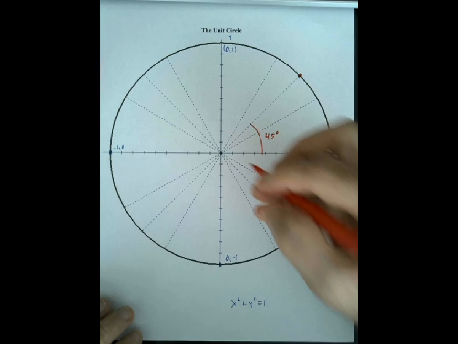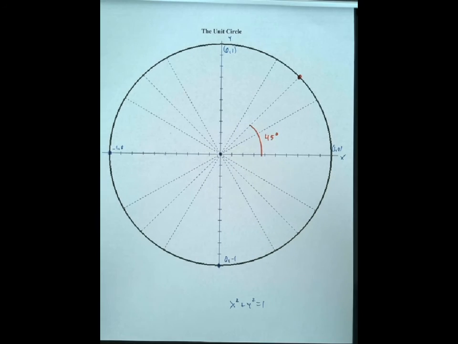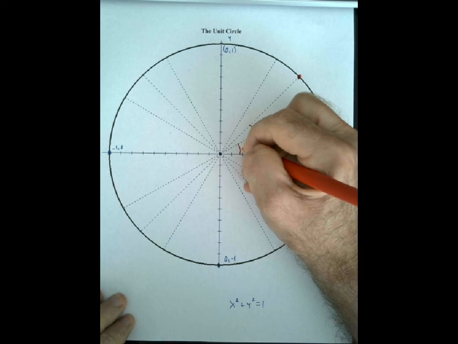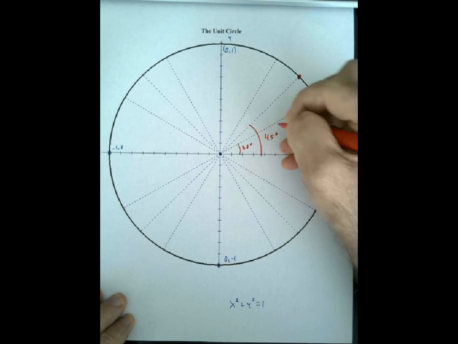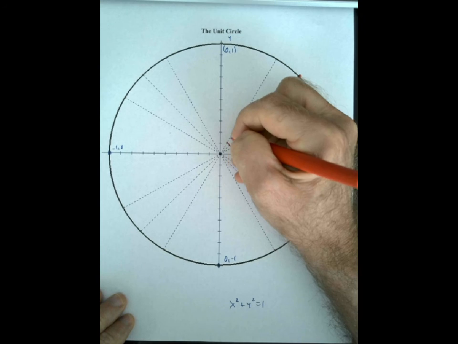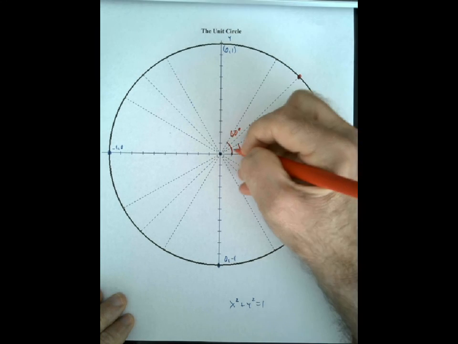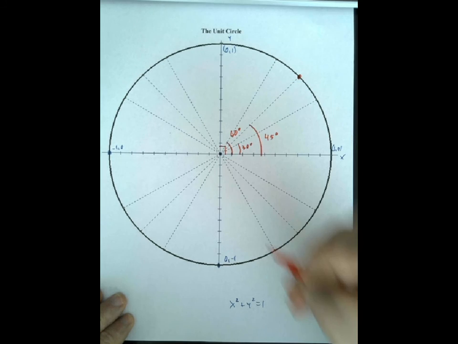This one right here is 30, and that one there is 60 degrees. So this is 30 degrees, and this one here is 60 degrees. This is, of course, a right angle, 90 degrees.